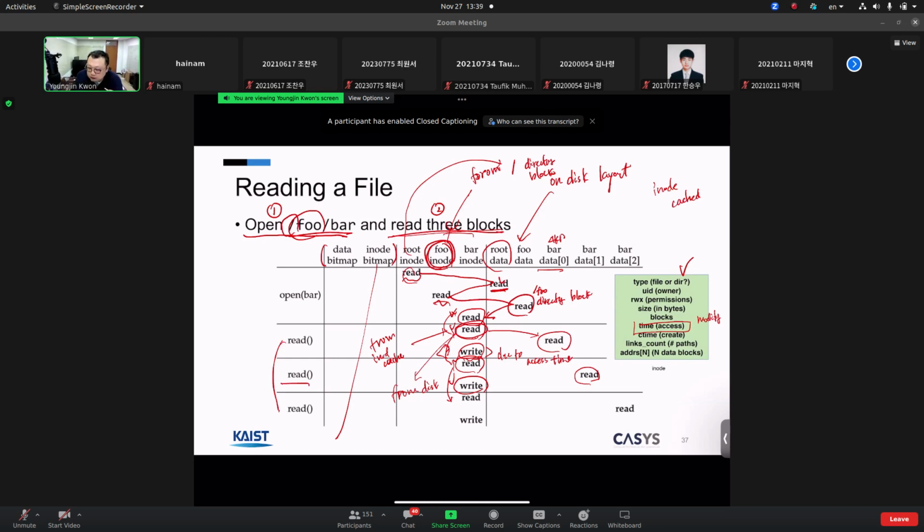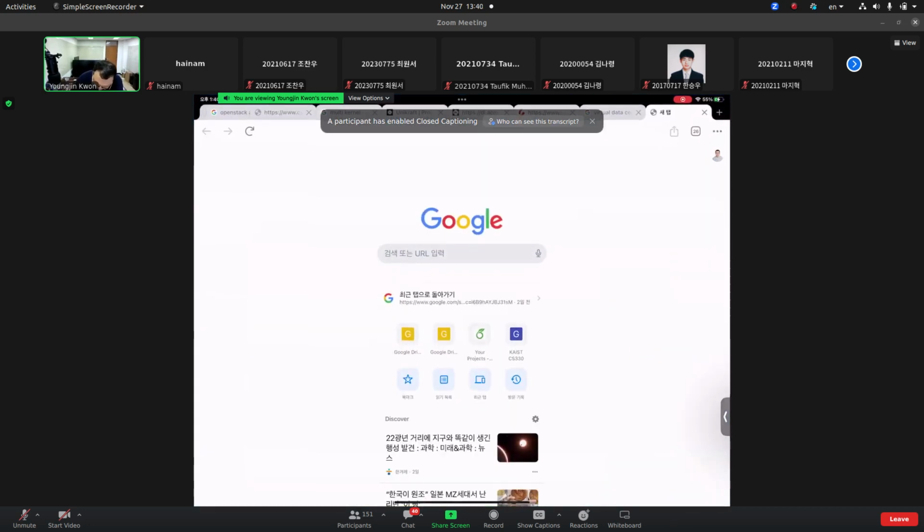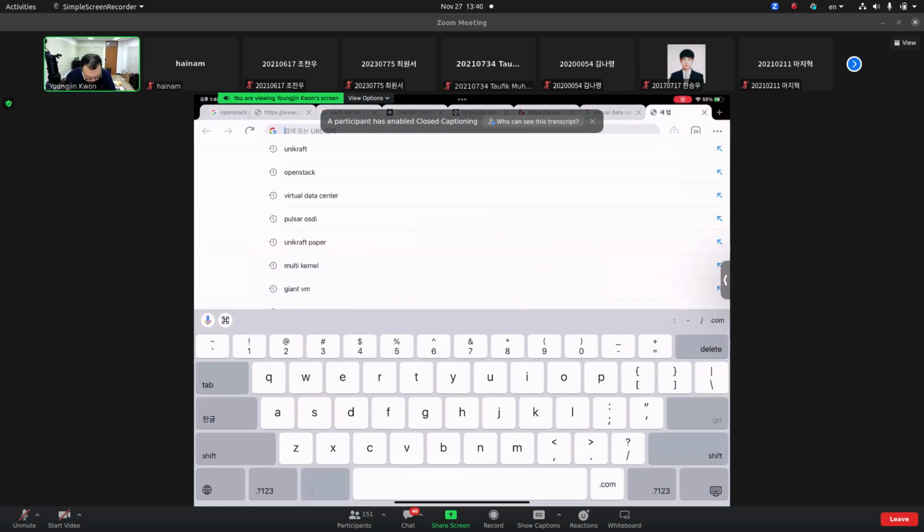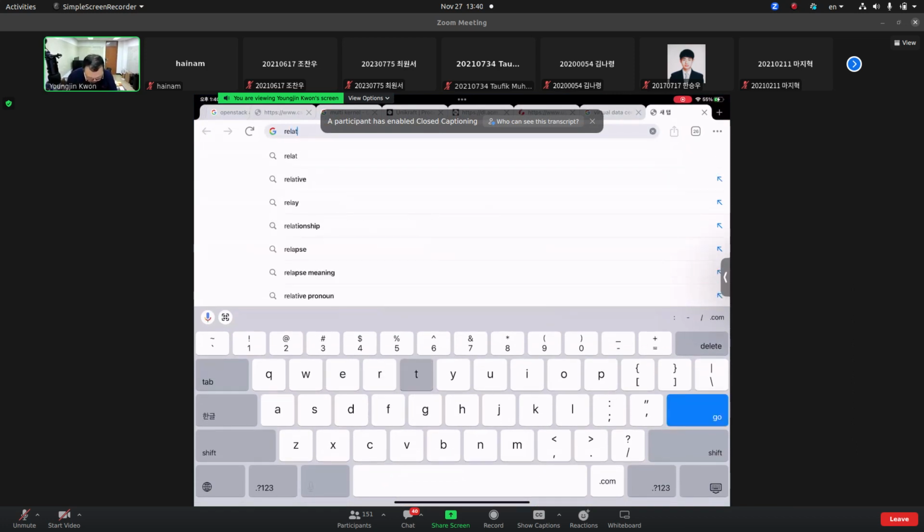Couldn't we update the access time after reading all three blocks? Good, yeah, right? This looks kind of stupid, right? So why do you need to update the access time every time? Yes, good point. Linux supports relative access time.